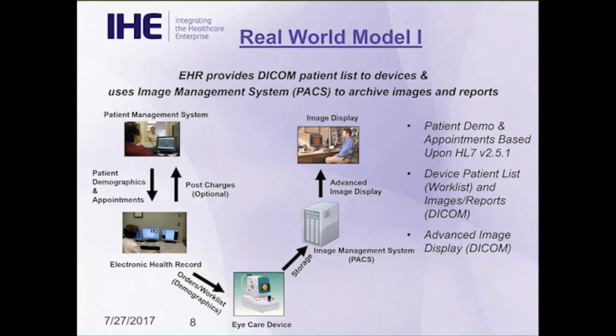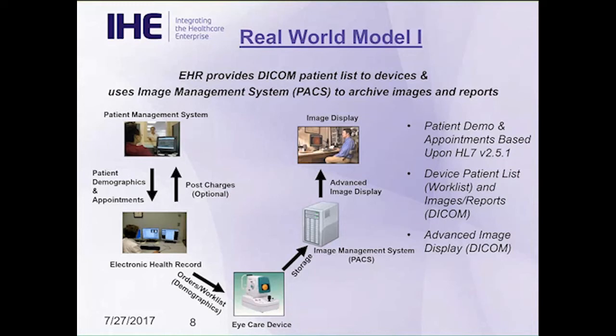And then the next step, and this is now important for real-world Model 1, is that for this model, the electronic health record decides to do the DICOM patient list, and that's called DICOM worklist. And so they have that capability. And so what happens now is the electronic medical record takes the information that it received from the practice management system and generates orders for all the IHE devices in the clinic.